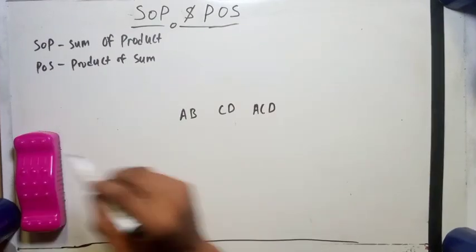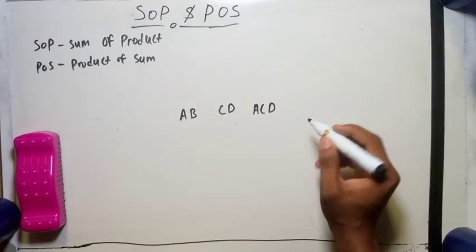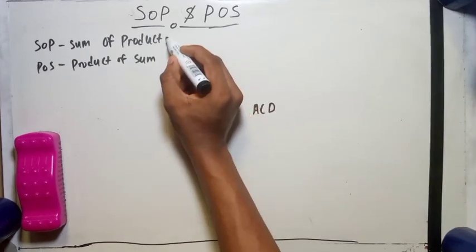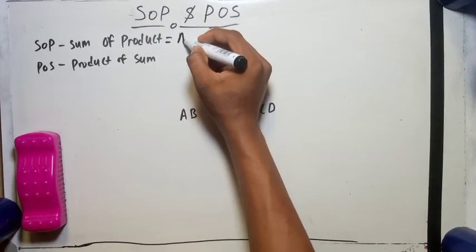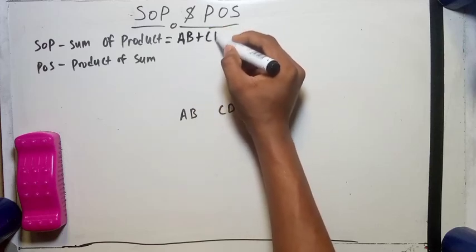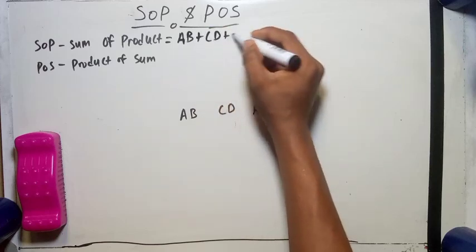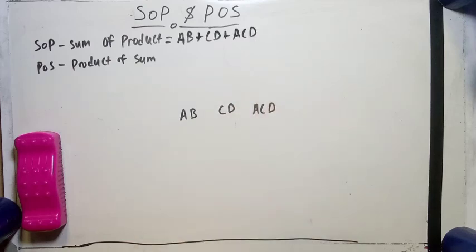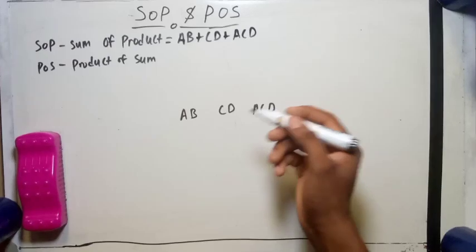So when we add each of them together, we form what we call sum of products. So if we add all of this, it is going to be AB plus CD plus ACD.